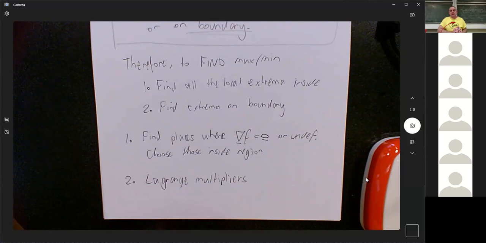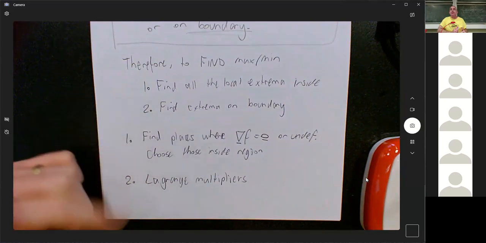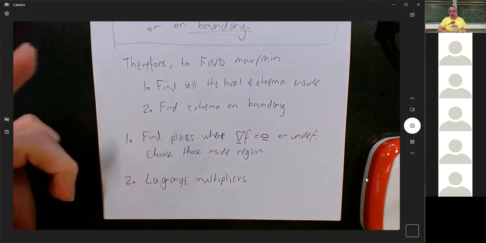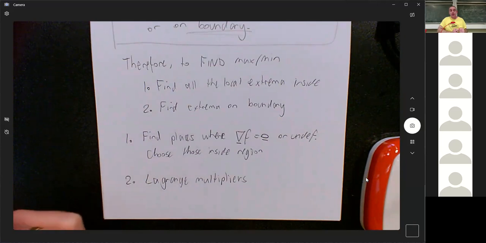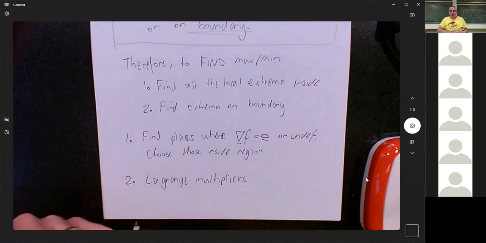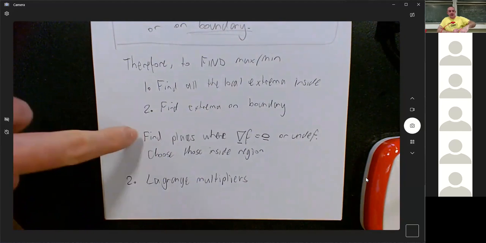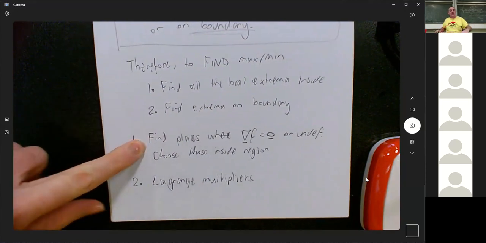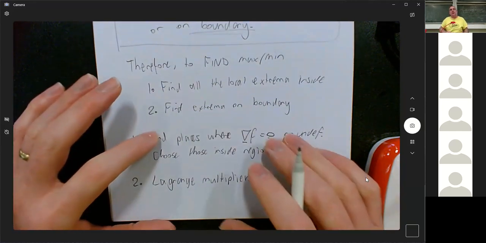So you're asking about the Hessian. Technically, you don't need to use the Hessian in this process because we're going to just find all of the critical points and sub them all in, and whether the Hessian is whatever it is, it doesn't matter because the maximum will be whichever of them gives you the highest value. But the Hessian is related to this. The Hessian will allow you to decide whether it's a local maximum or a local minimum.